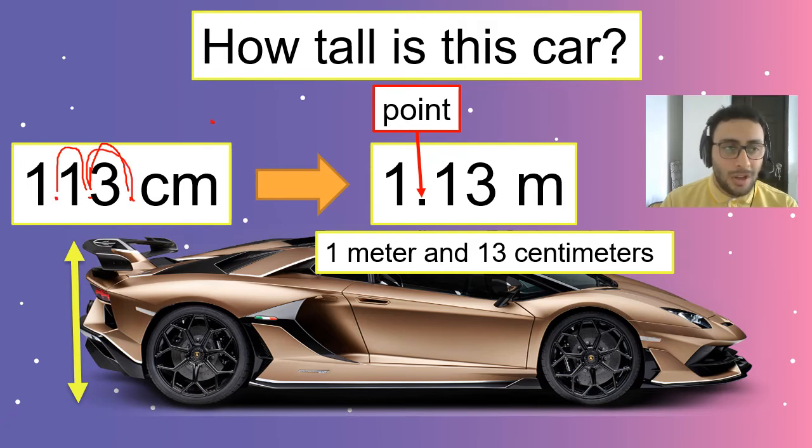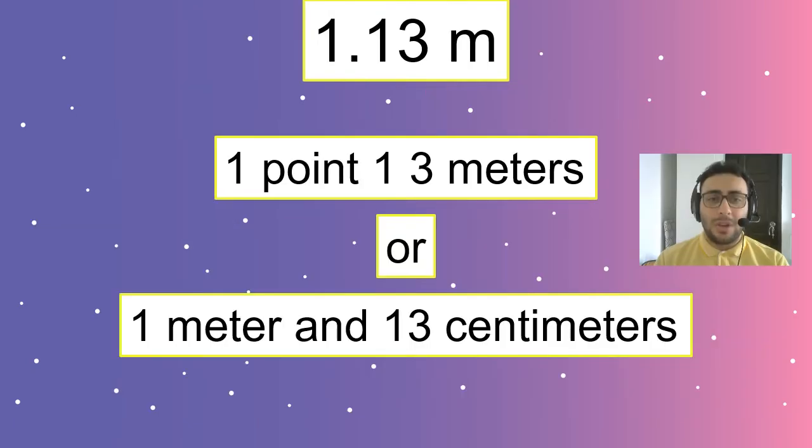So 1, 2. It jumps 1, 2 digits, and it comes here, and you put the point. So 113 centimeters turns into 1.13 meters, right? So let me show you how it's done one more time.